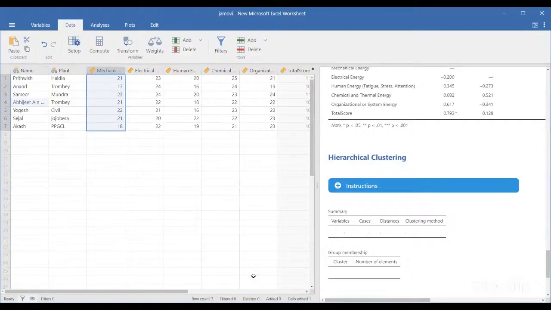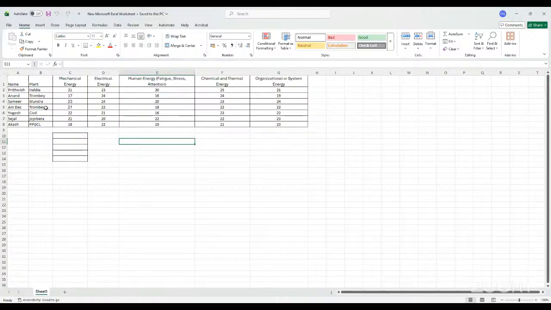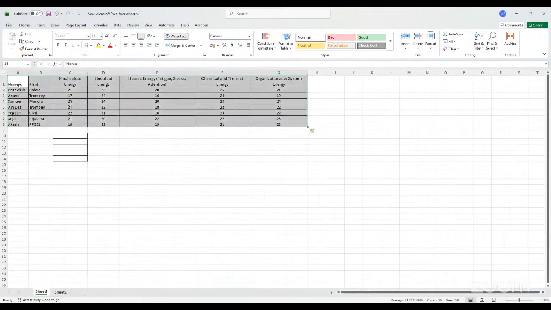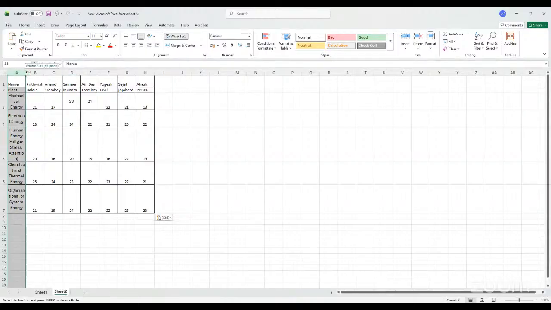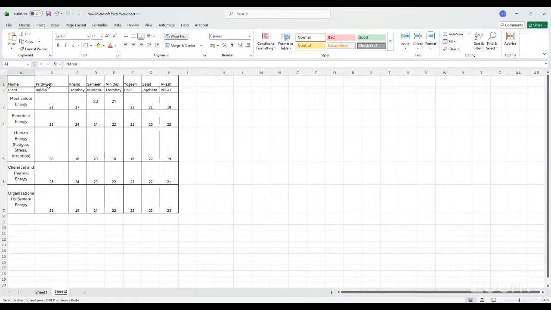Achha, we can transpose through Excel also. You go to Excel. Now you select the data, copy and then transpose, paste. Yes, this thing I want. Okay, now you click the.